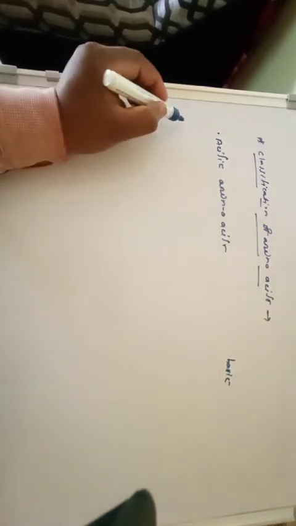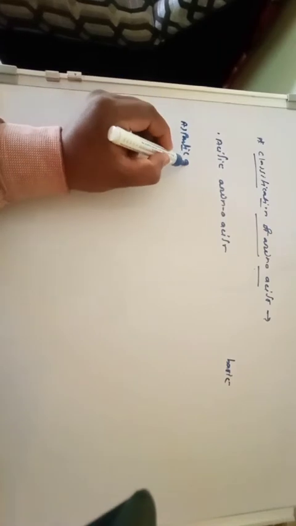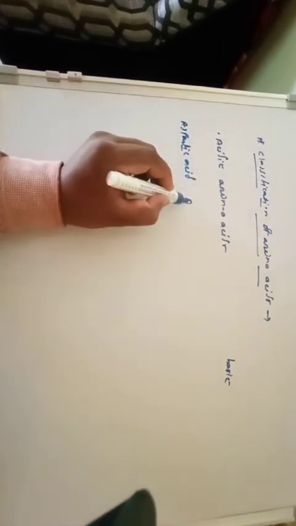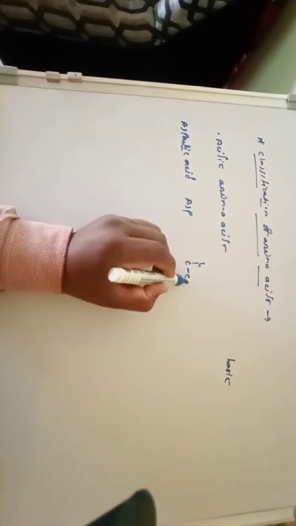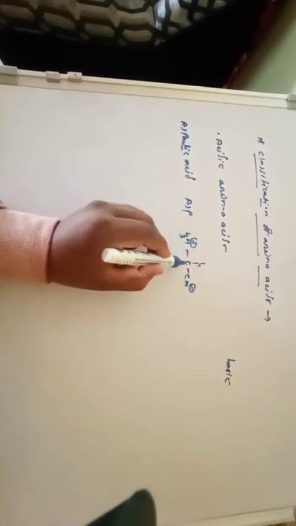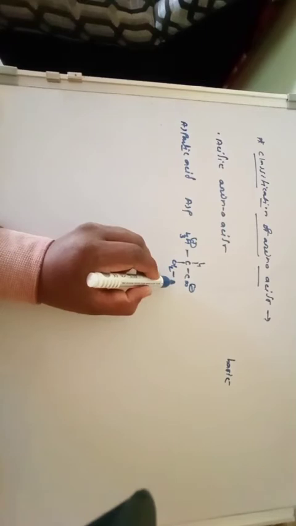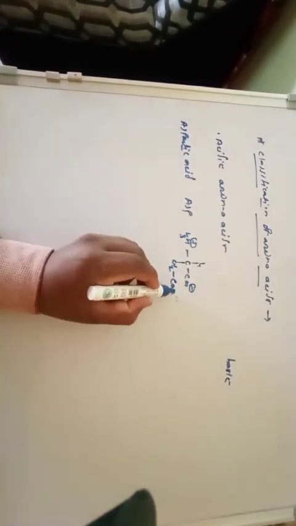The first one is aspartic acid, ASP, and the structure is very simple. It is NH3 positive, and this is your CH2 COOH group, or we can write this in ionic form.